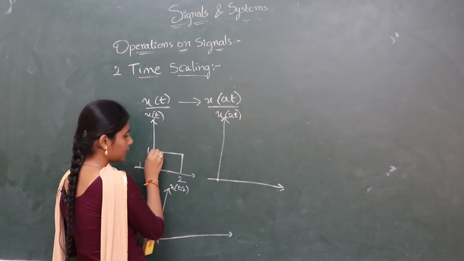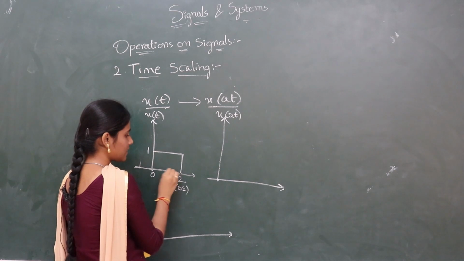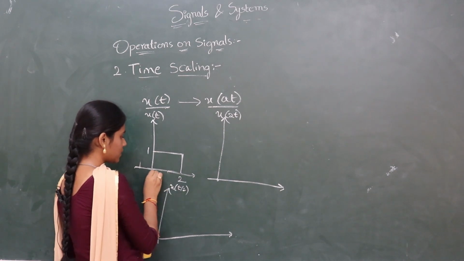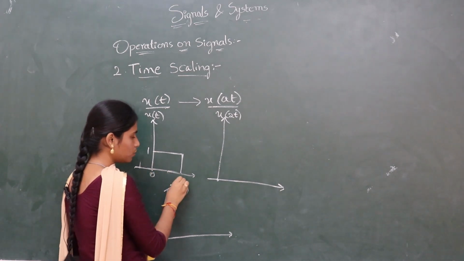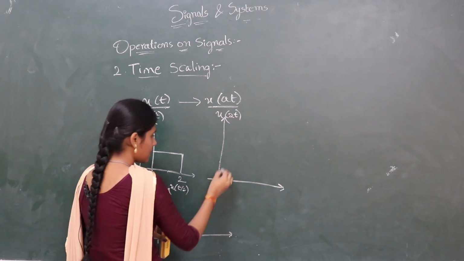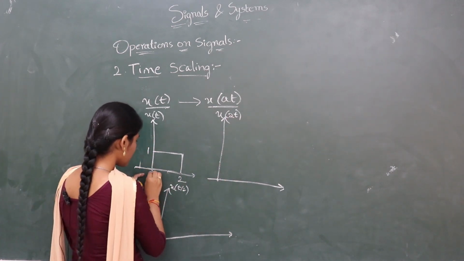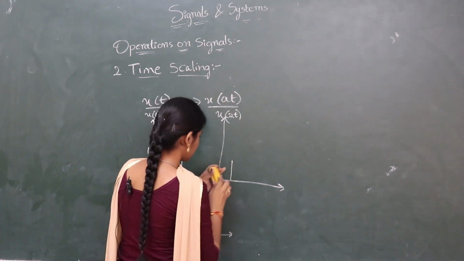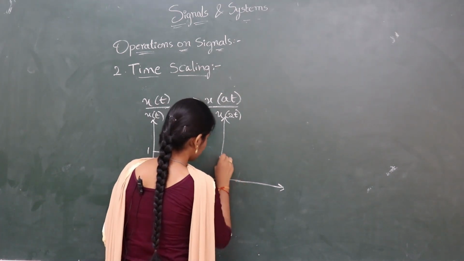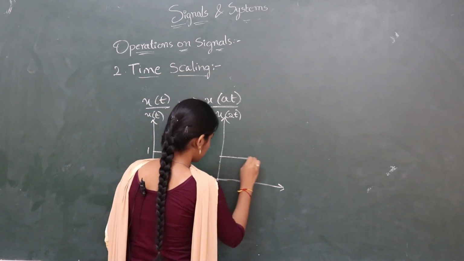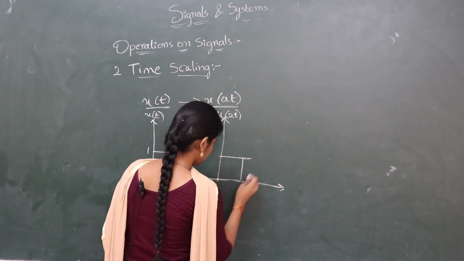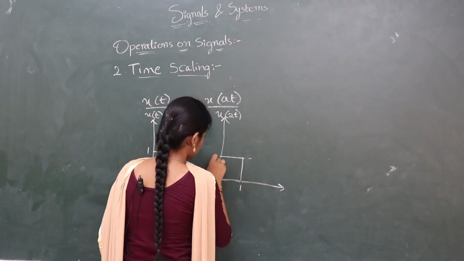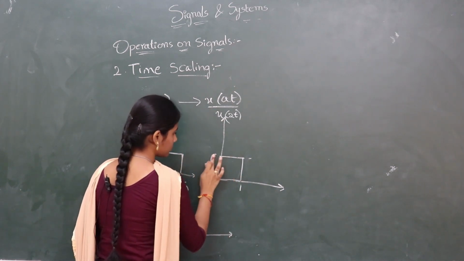Here also the amplitude does not change, but the time intervals change. The original signal x of t is defined from 0 to 2. So x of 2t is defined from 0 to 1.